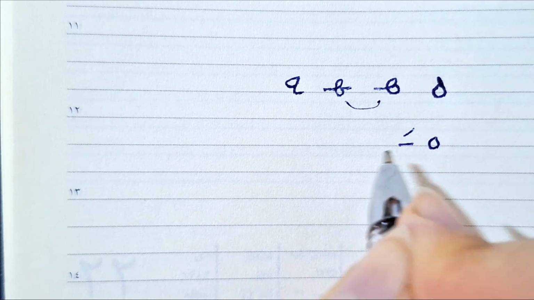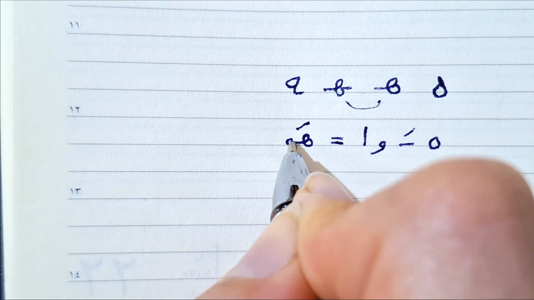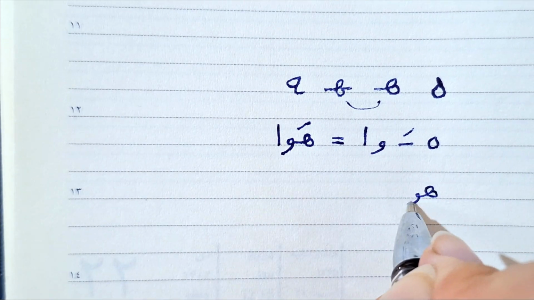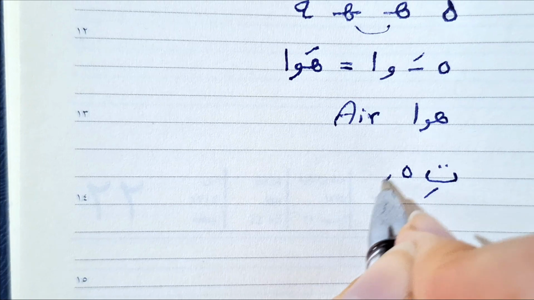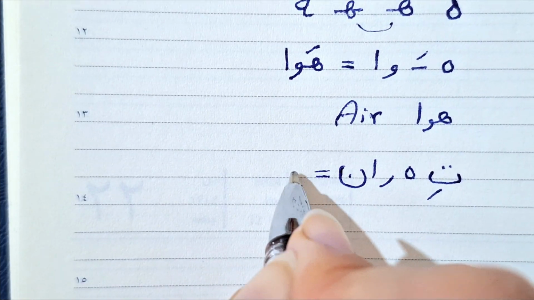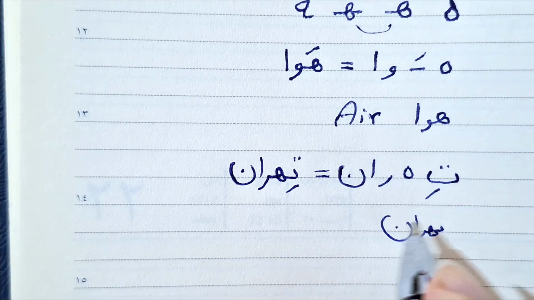An example for hey do cheshm, h plus a plus v plus a together, hava. Hava means air. T plus e plus h plus r plus a plus n together, Tehran.